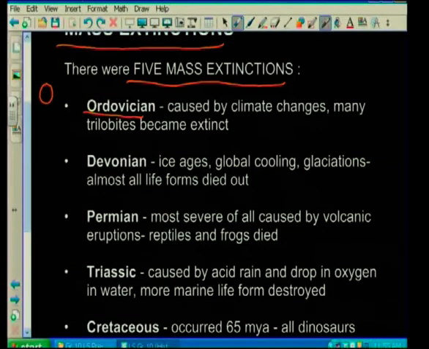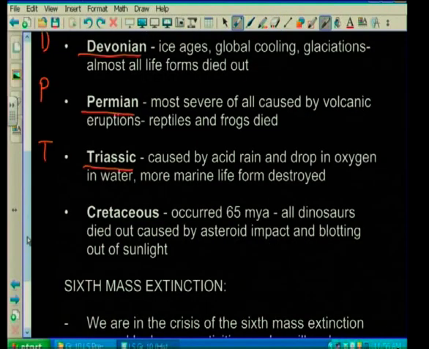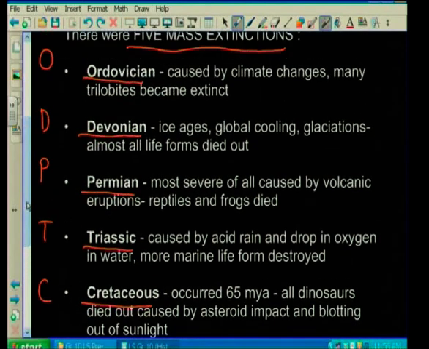It's the O, which means Ordovician, the D, which means Devonian, the P, which is the Permian, the T, Triassic, and the C, which is the Cretaceous. Now you can make a mnemonic to remember the 5 mass extinctions.